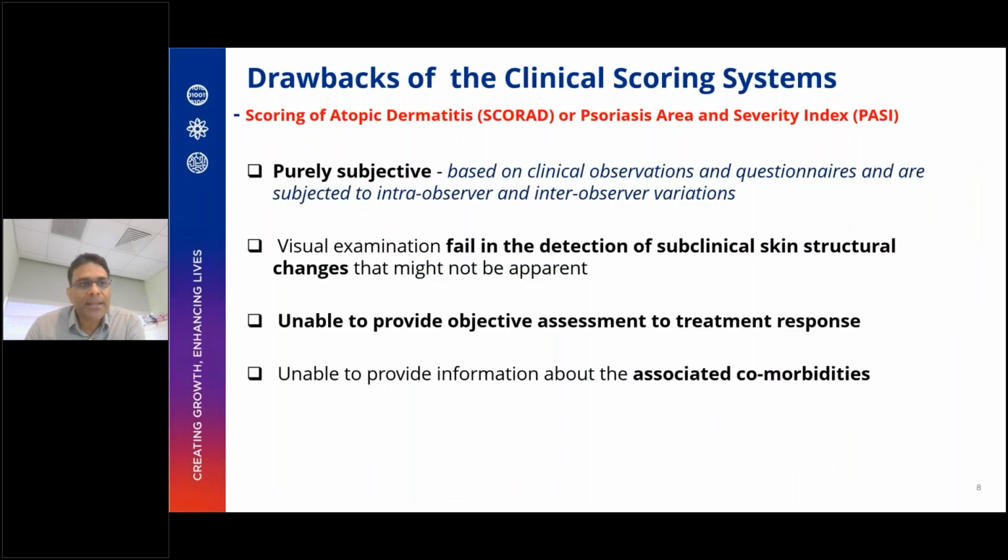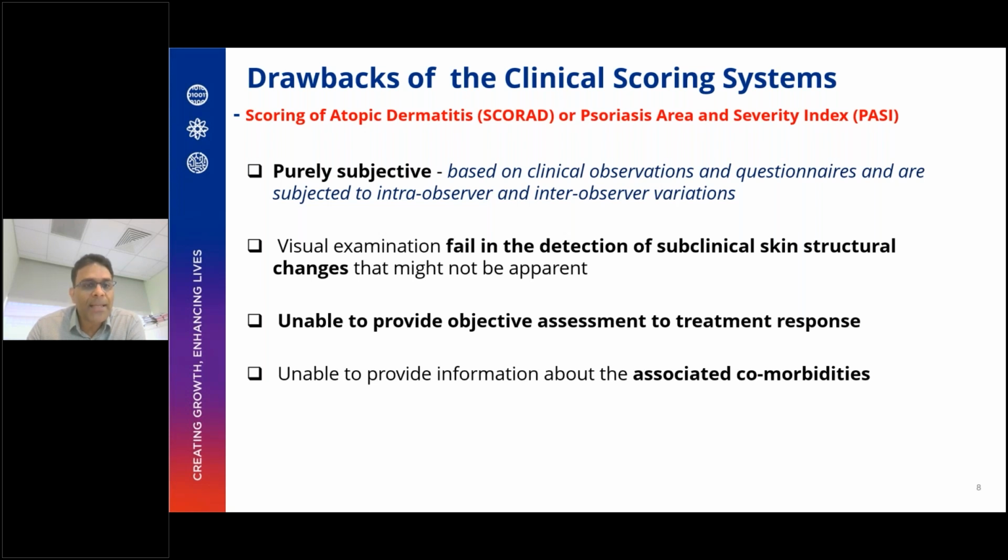Currently, these inflammatory conditions are assessed using a scoring system, which we call SCORAD for eczema and PASI for psoriasis. These scoring systems are based on questionnaires and also observation by the clinician. The limitation is that it is a subjective scoring system. Subjective means it can vary based on inter- and intrapersonal variation, depending upon the observation and the scoring.